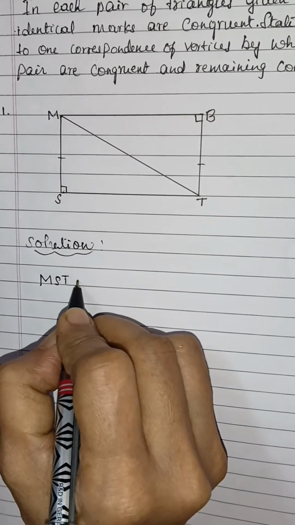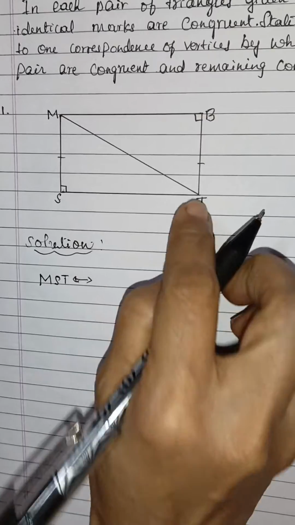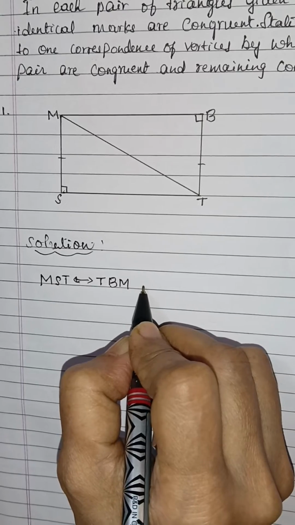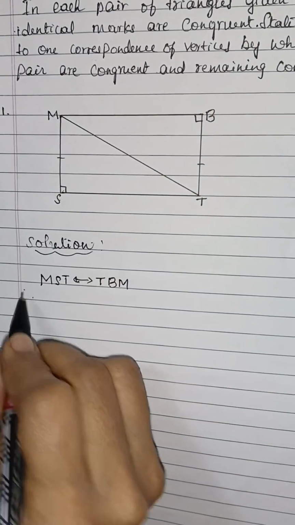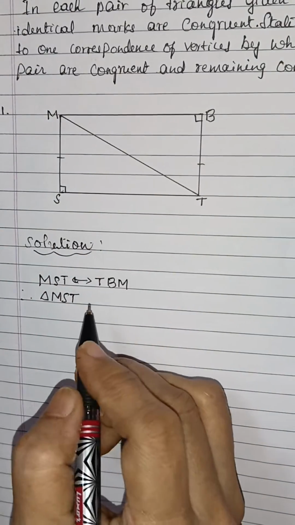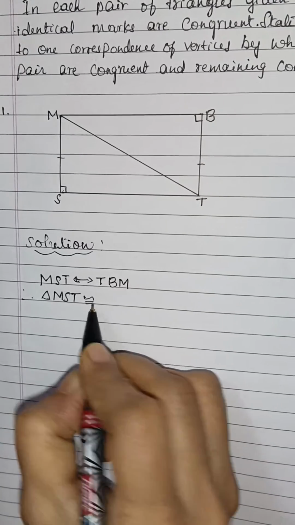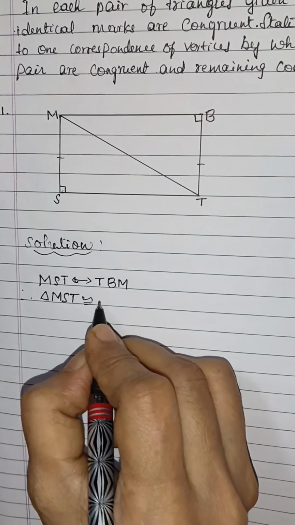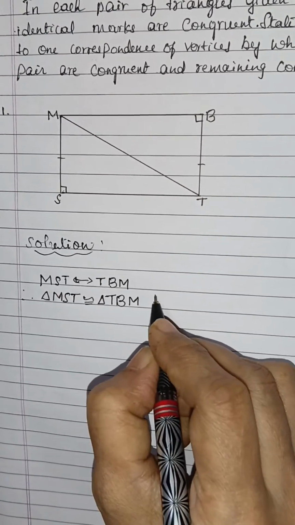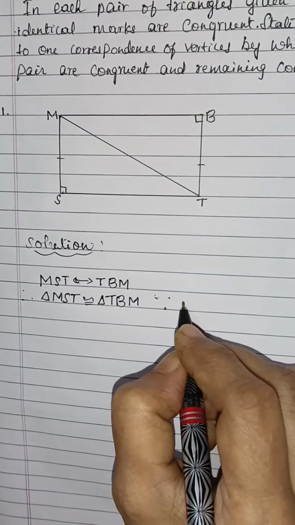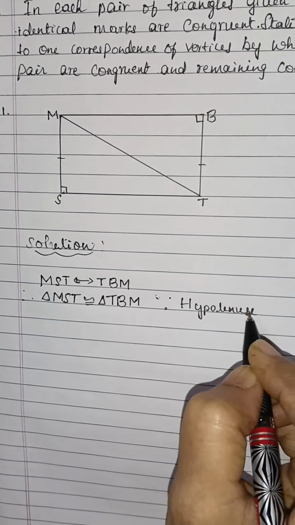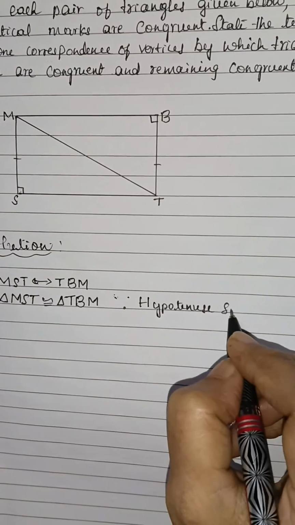And therefore triangle MST is congruent to triangle TBM because of the hypotenuse side test.